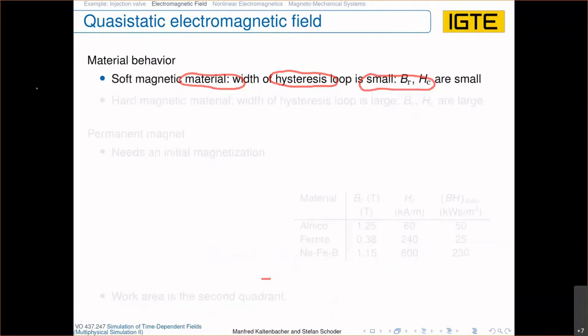Concerning ferromagnetic materials, we differ between magnetically soft materials, where these two values, BR and HC, the coercive magnetic field intensity you need to bring the remanent magnetic flux density in the material to 0, are quite small. These are, for example, iron or steel, and they have hysteresis curves with a small width, and we will substitute the hysteresis curve by a nonlinear curve.